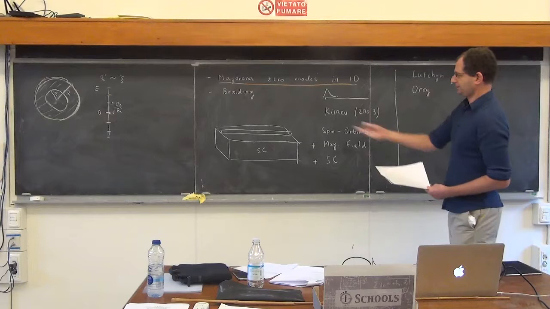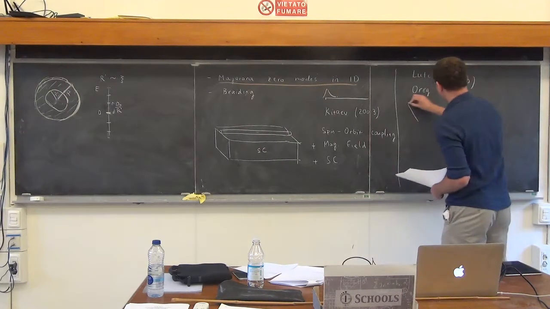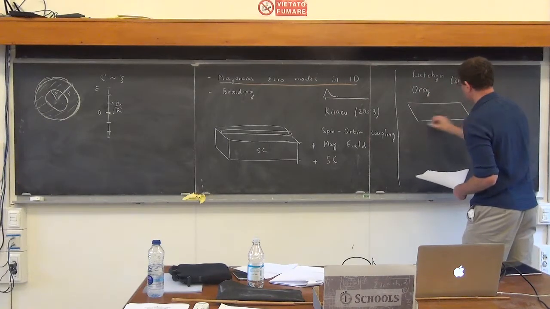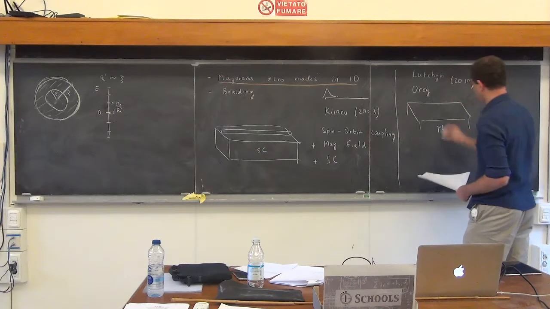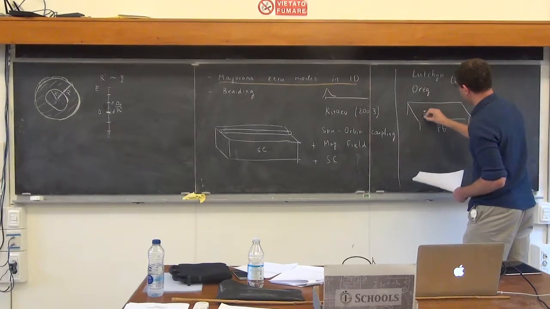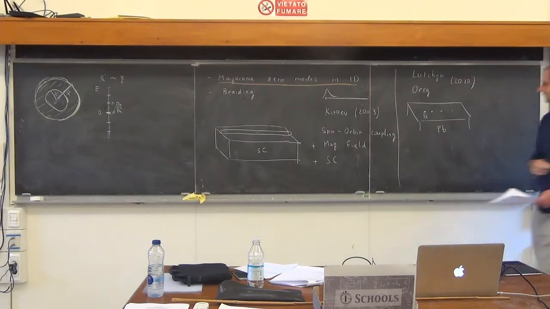There are more platforms that may realize this physics. There's a very recent experiment at Princeton where they have magnetic atoms deposited on the surface of a superconductor, which is lead in the experiment. These are iron atoms. This is a very clever setup.